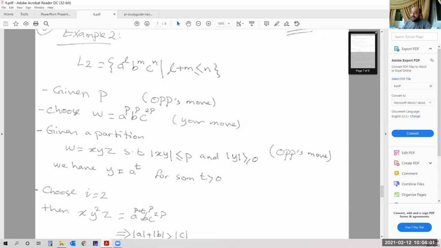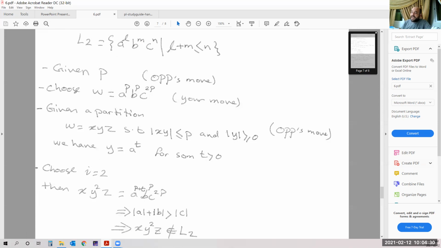We have y equal to a to the power t for some t greater than 0. This is by definition. Choose i equal to 0 or 1. It could be part of that language, then you have to try another option. But here we choose 2 because we know it's not part of that language. Then xy to the power 2 z means a to the power p plus t, b to the power p, and c to the power 2p.